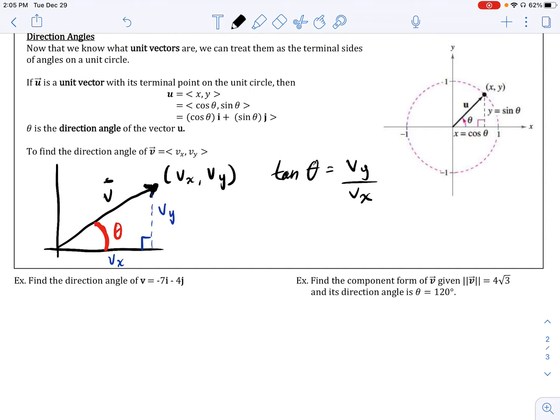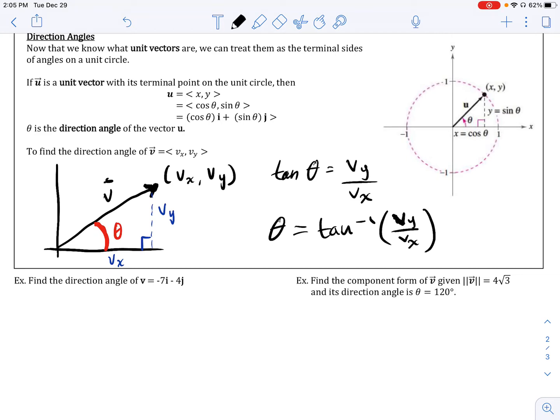So we can just say to find a direction angle, to find theta, we can just simply do the arc tangent or the inverse tangent of our y over our x, or v sub y over v sub x. Just really make sure I emphasize that was a v, right?